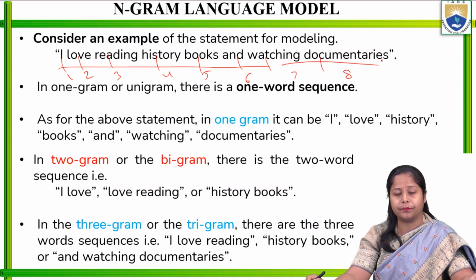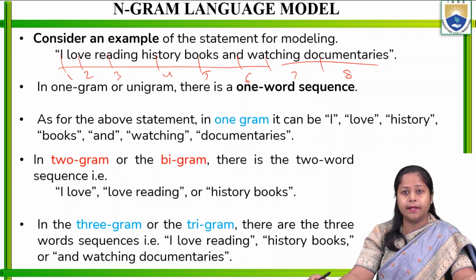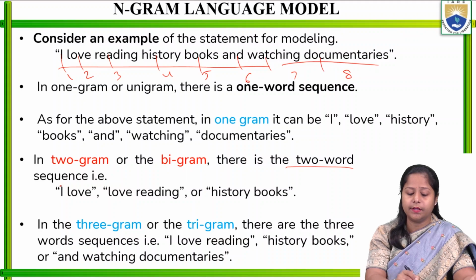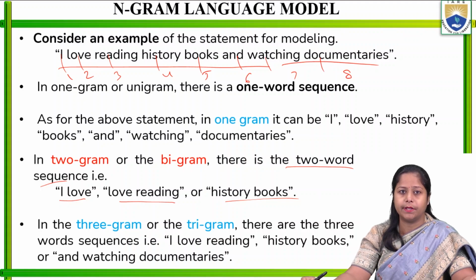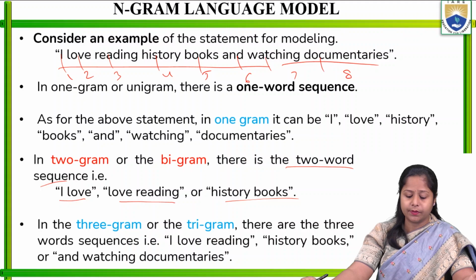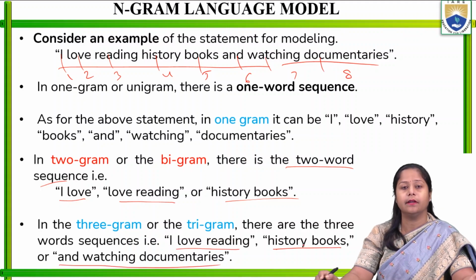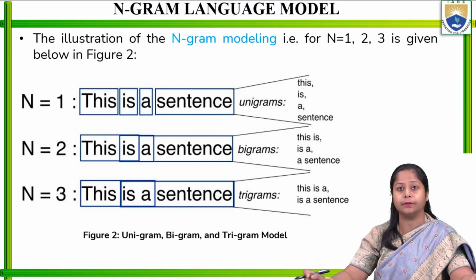So 8 1-grams are there. A 2-gram, or bigram, is a 2 word sequence, like I love, love reading, reading history, and so on. In the 3-gram, or trigram, there are 3 word sequences: I love reading, history books and, watching documentary. So there are several possibilities of n-grams here.